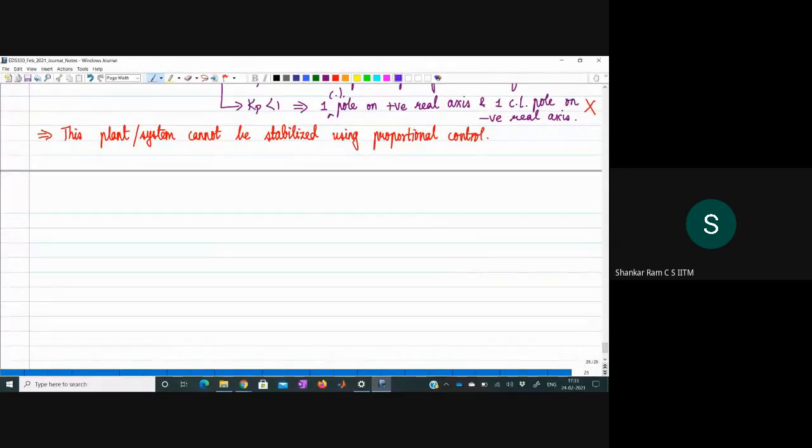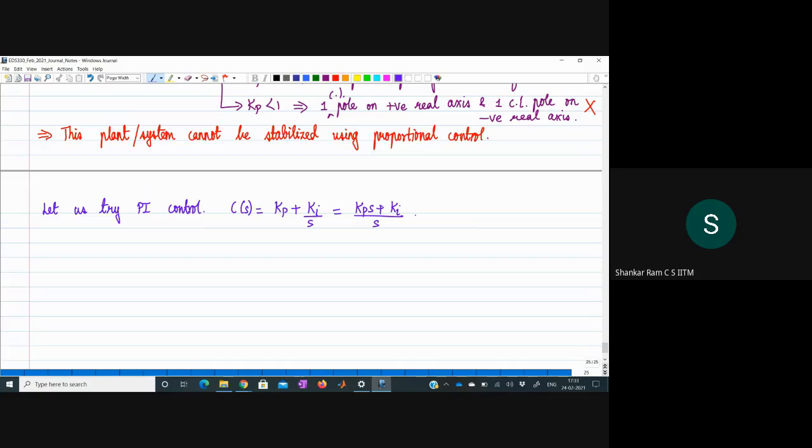So let us try proportional integral control. Let us try PI control. So what do we have for PI control? Our C of s becomes Kp plus Ki by s. This I can read as Kp s plus Ki, the whole divided by s.